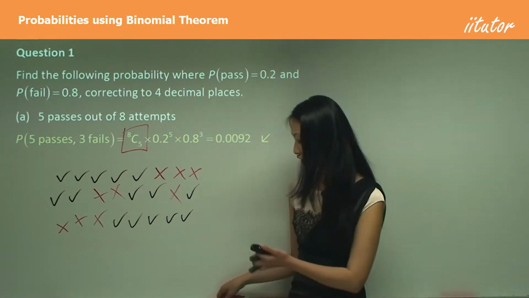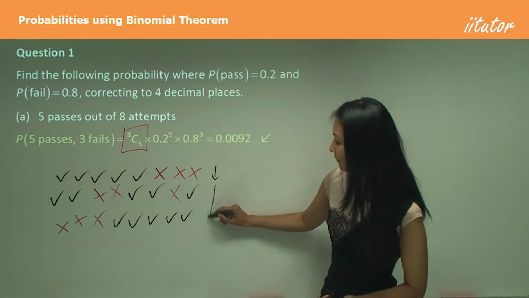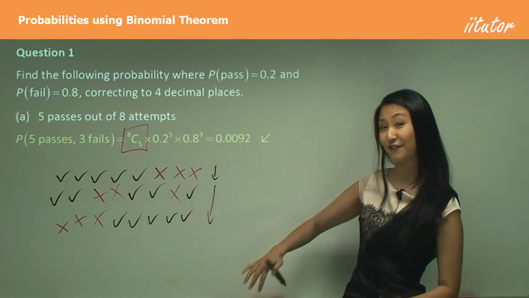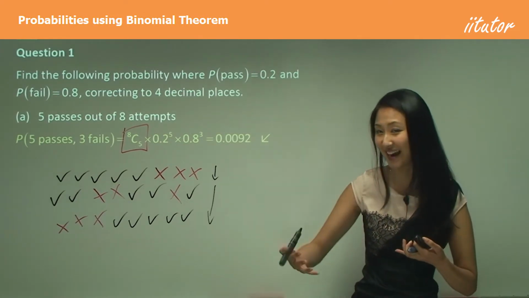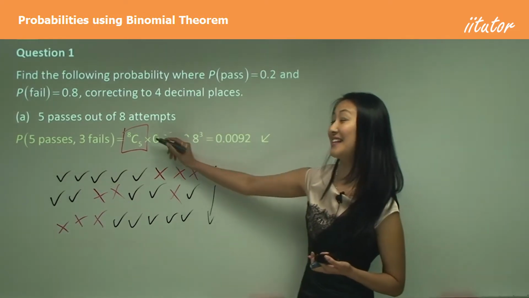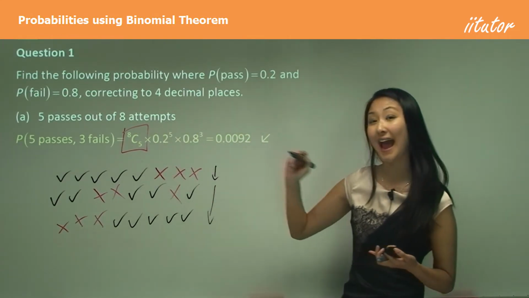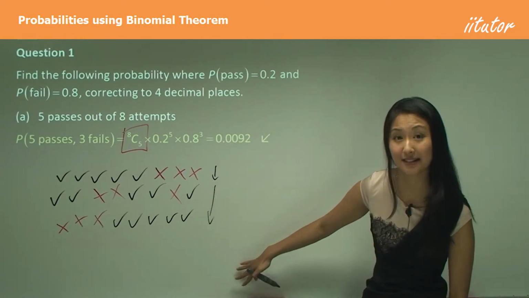So what I'm trying to show you is that there's going to be multiple different ways that people can pass and fail. Can you see how there's all these different combinations? Yeah? So because there's all these different combinations, that's why we need to use our combination there of 8C5. So what that 8C5 tells you is how many different combinations of this there are.